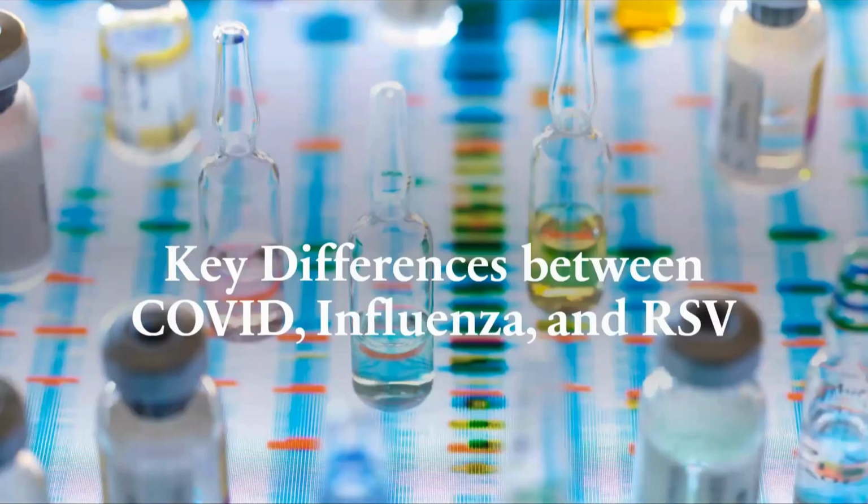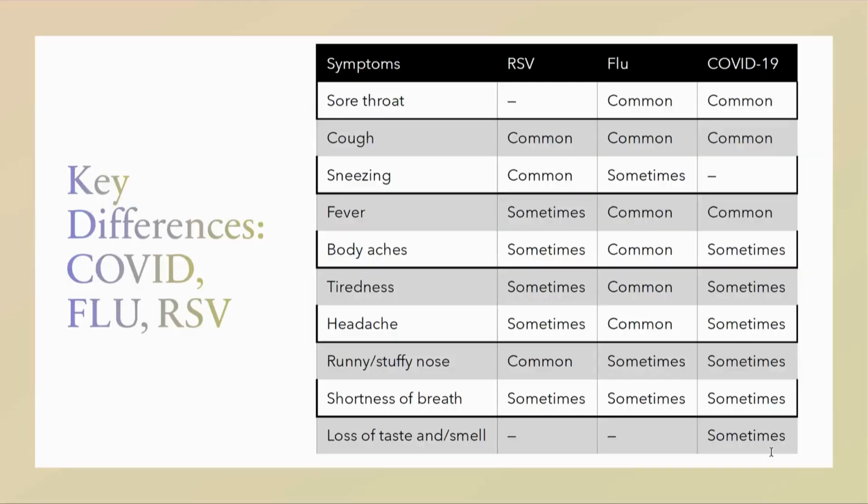Next page. Key differences. I've been getting a lot of calls and speaking to a lot of our team leaders regarding RSV, flu, and COVID-19. Some of the questions I've been getting is, hey, Dale, do I really have to do a rapid antigen test to differentiate between RSV, flu, and COVID-19? And I said, yes.